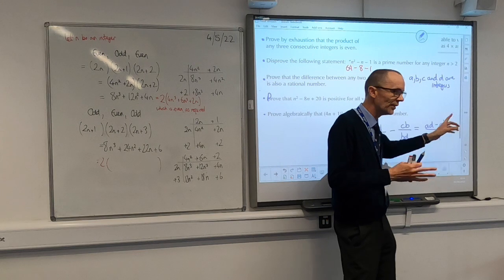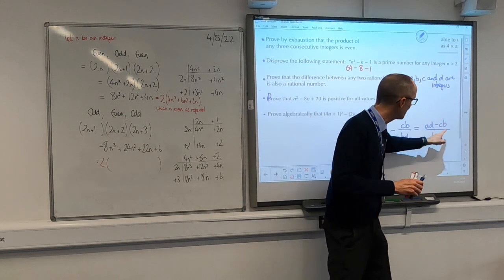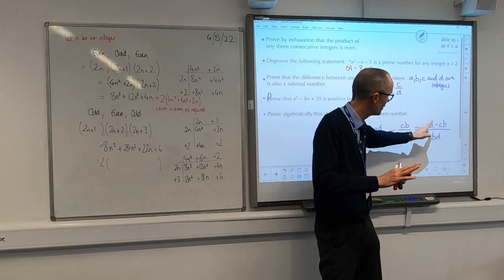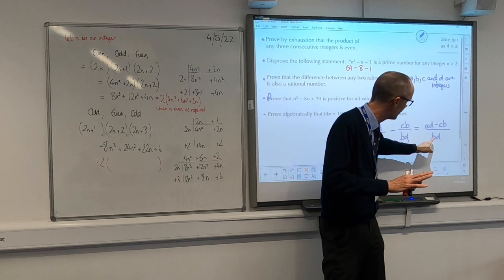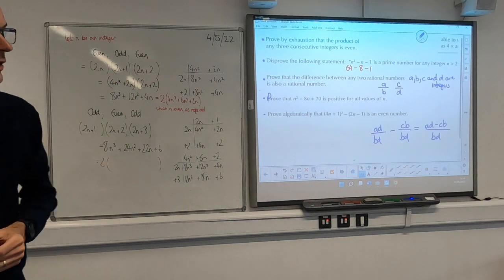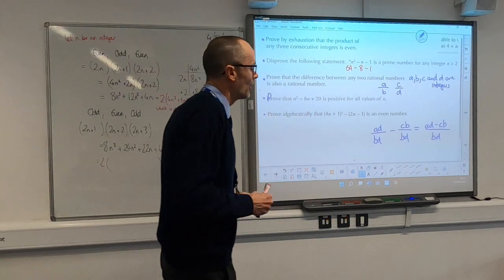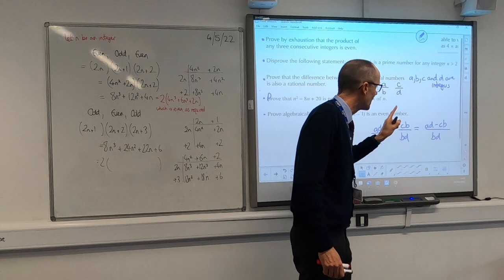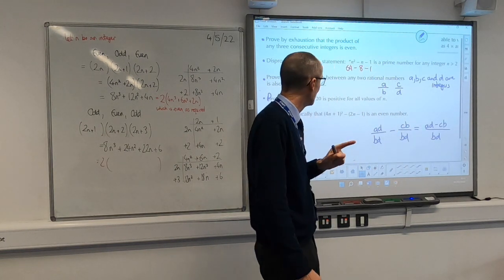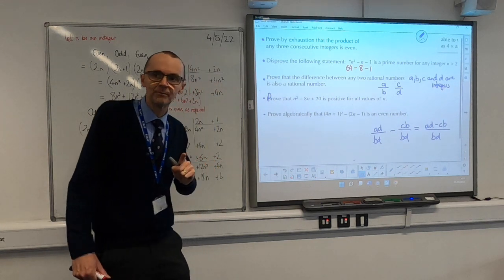If that was a division, that would be different. I know this is a division, but all we're trying to prove is that it's rational, that the numerator is an integer and the denominator is. Similarly, b times d, if b and d are integers, then they have to be integers. I would say both numerator and denominator are integers, therefore the answer is a rational number.